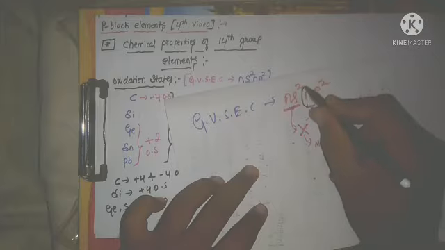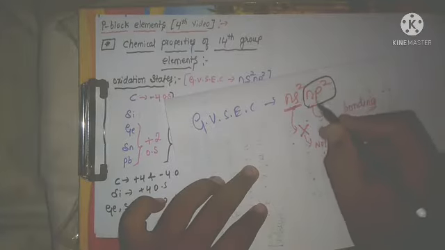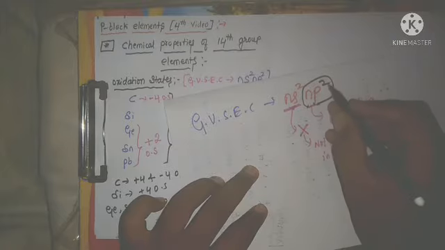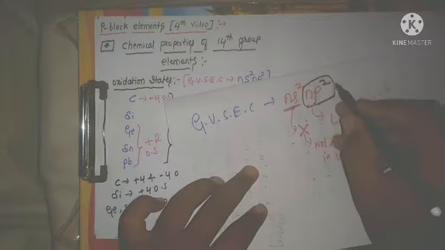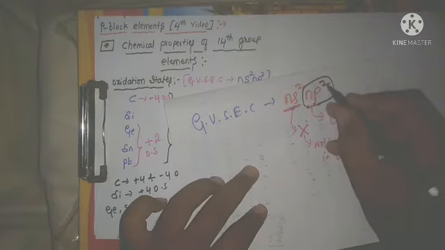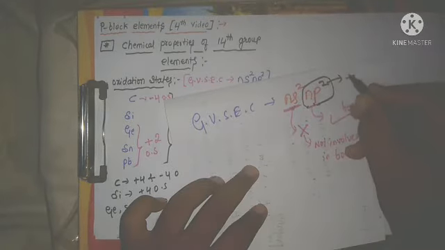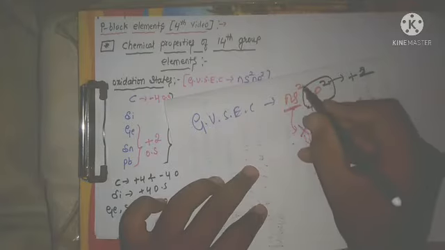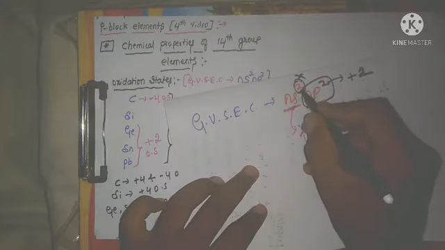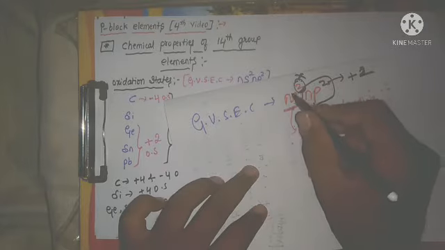In the p orbital, how many electrons are there? 2 electrons. Means it can lose the 2 electrons or share the 2 electrons to form the bond. Therefore the oxidation state is +2 only. The s electrons are not involved in the bonding, therefore they are not considered in the oxidation state.